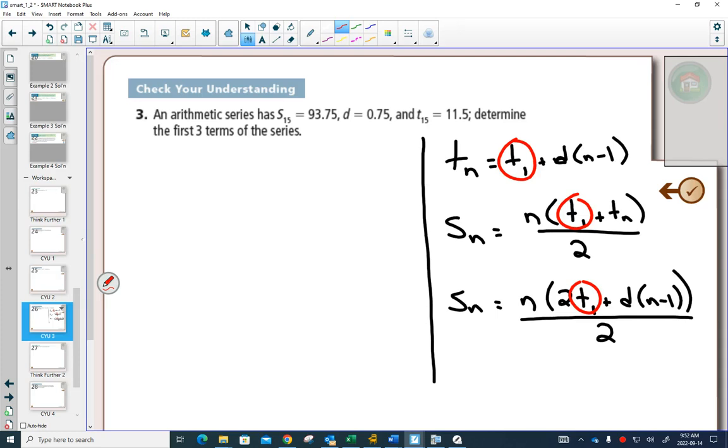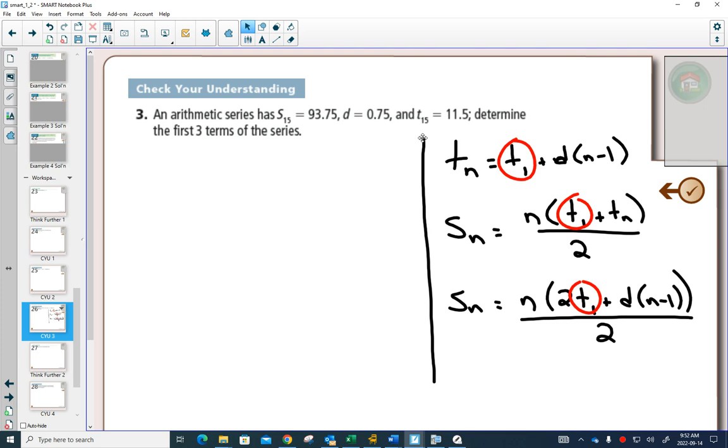Okay? So, looking at formula 1, do we have Tn? And again, this is where there's sometimes confusion on students' part. What is Tn? Well, Tn is a general term. It can be any term you want, right?